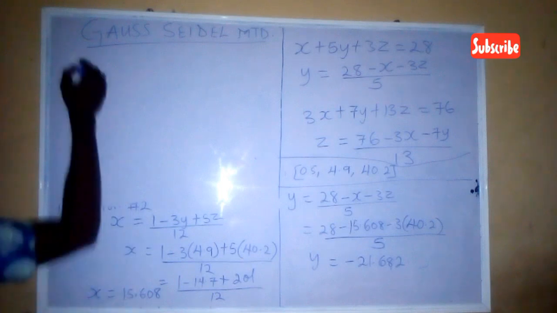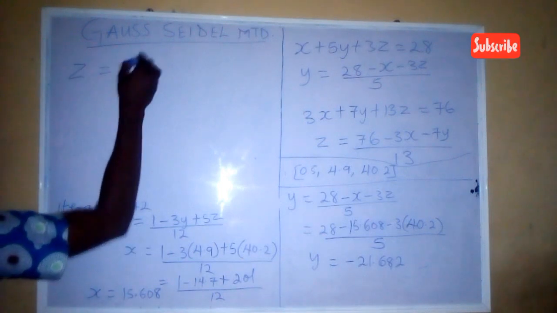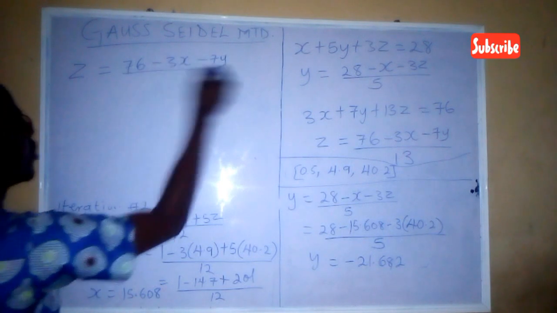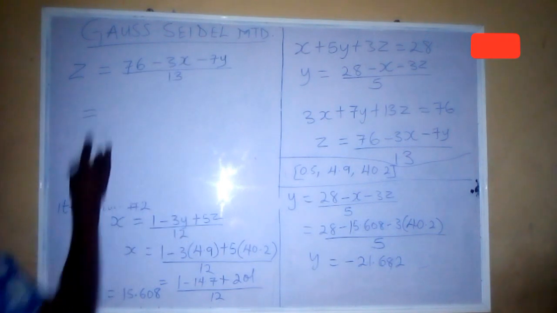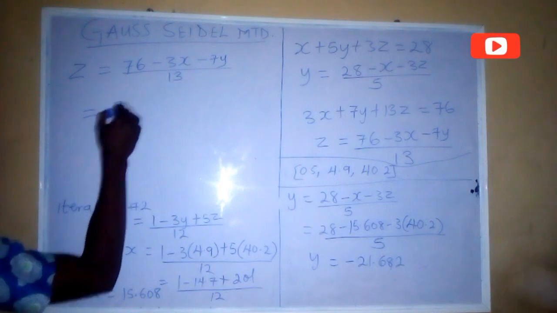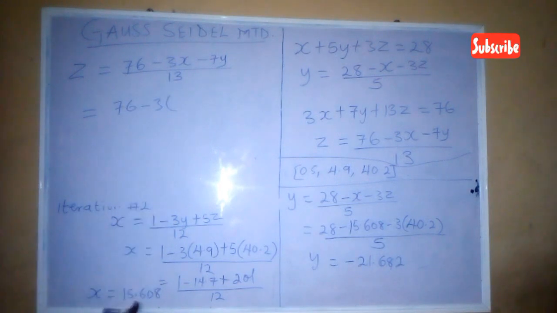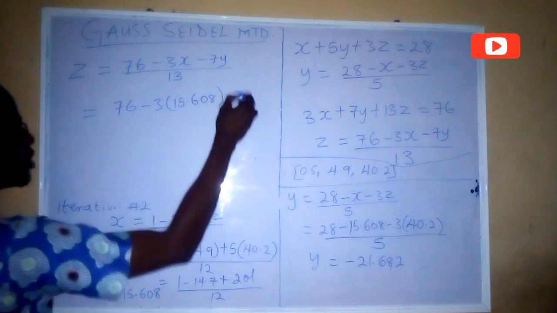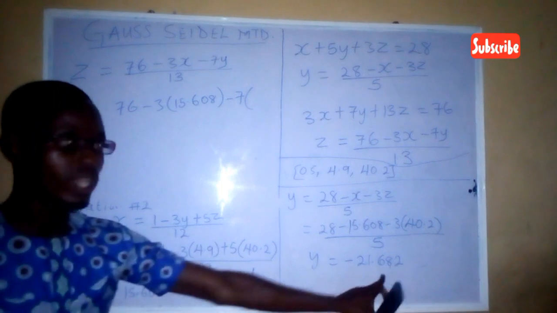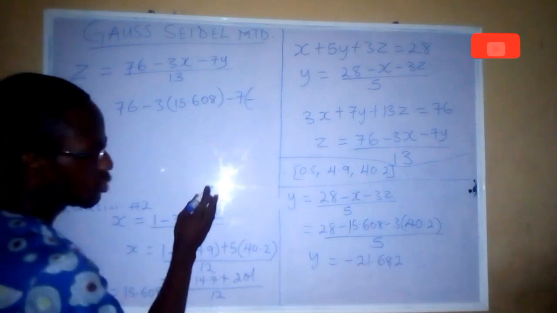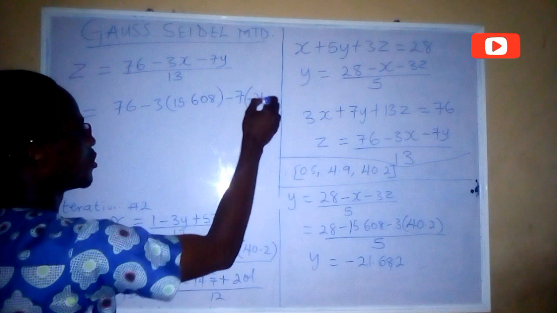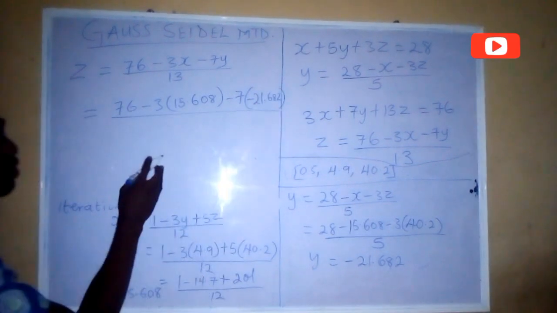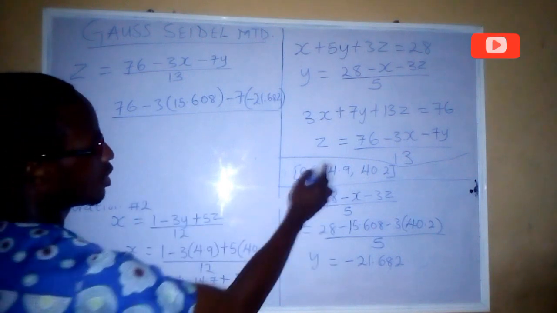So the value of z is 76 minus 3x minus 7y all over 13. So then I have 76 minus 3 into bracket 15.608 minus 7 into bracket, the value of y is now minus 21.682, all over 13.